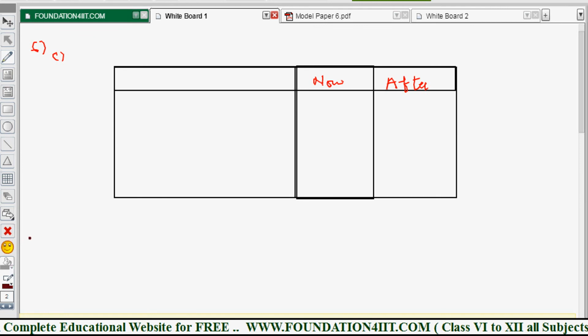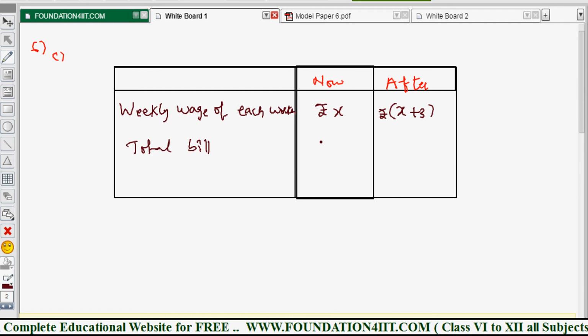If you observe, the weekly wage of each worker at present is rupees x, but they increase 3 rupees, that means afterwards it is rupees x plus 3. And the total bill is also reduced. Present is 816, it is reduced to 781, as given in the question. And the number of workers.